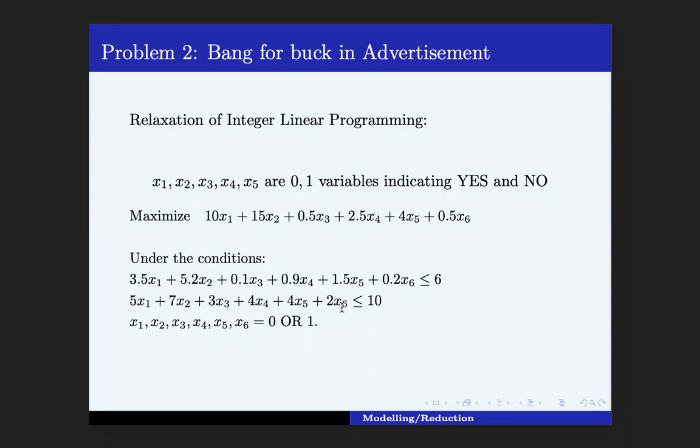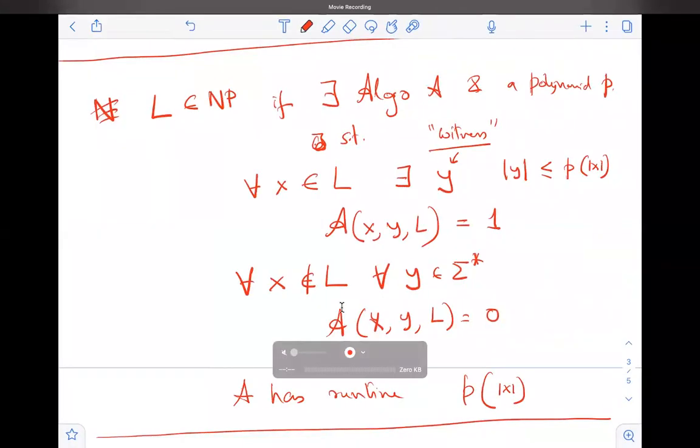So then shouldn't you write the second polynomial as a function of both x and y? You can write it, but it doesn't matter that much. If the algorithm has a runtime polynomial in the size of x, then in some sense y is implied.